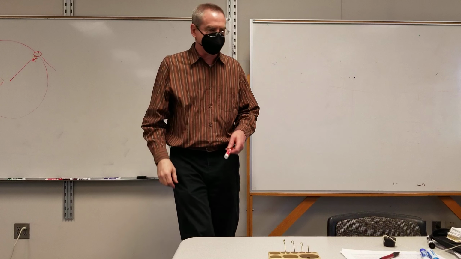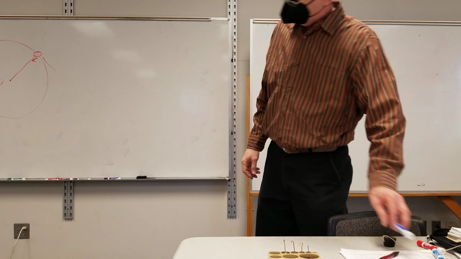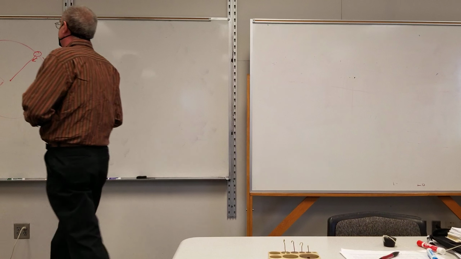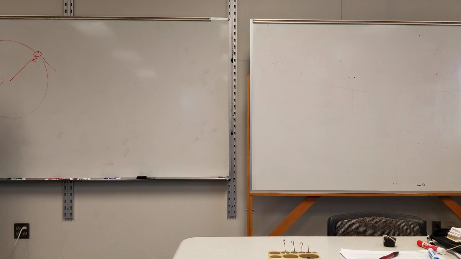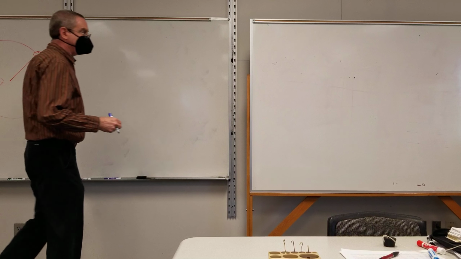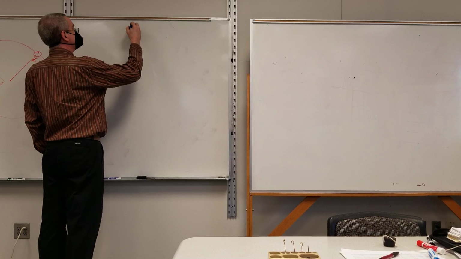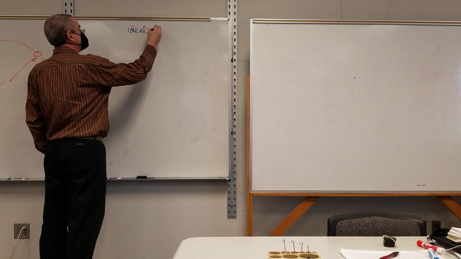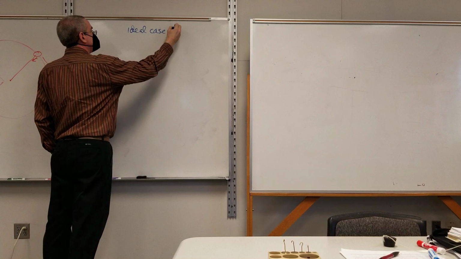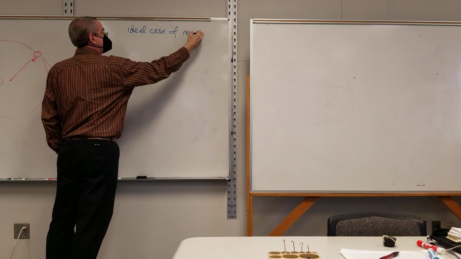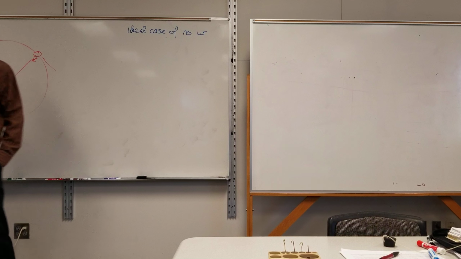So let's run through a problem. Why don't we start out with a simple case of stopper on string, and we will start out with a nice ideal case of we're doing this in a gravity-free situation.